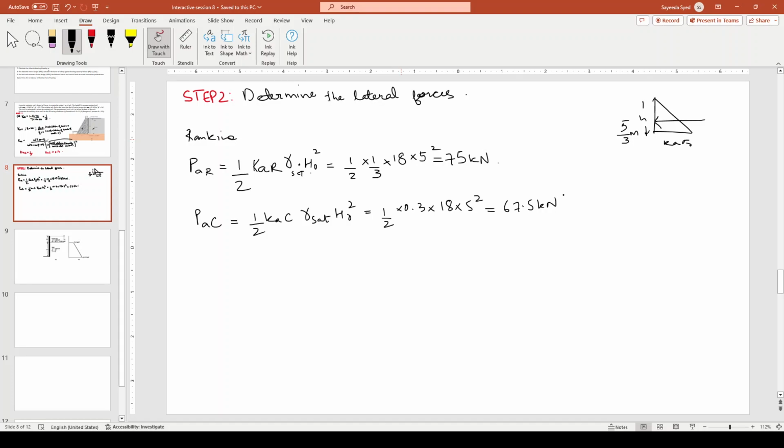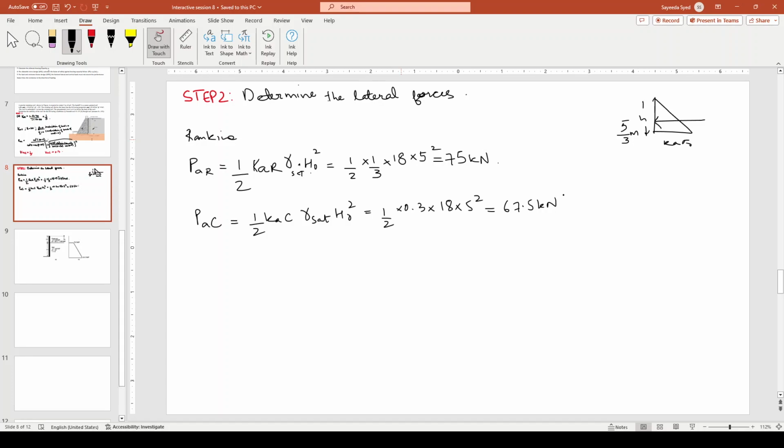But this will not act horizontally, because for Coulomb we are taking friction as 20 degrees.